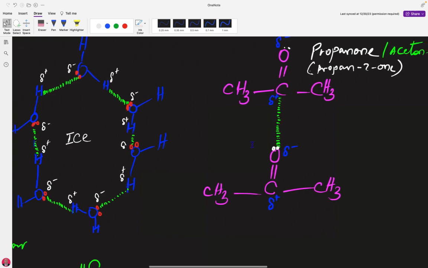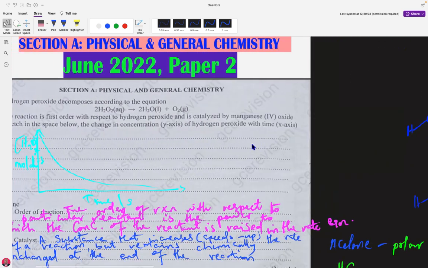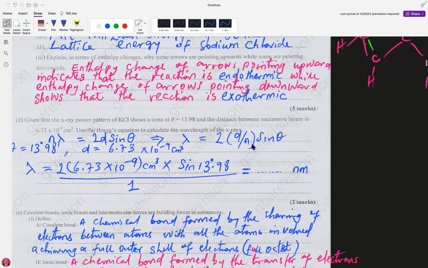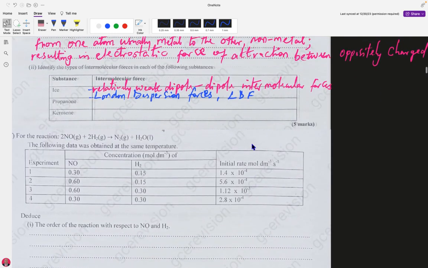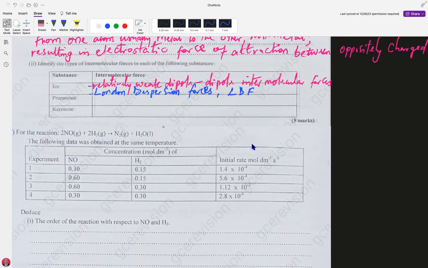So now the forces for propanone are permanent dipole forces of attraction.